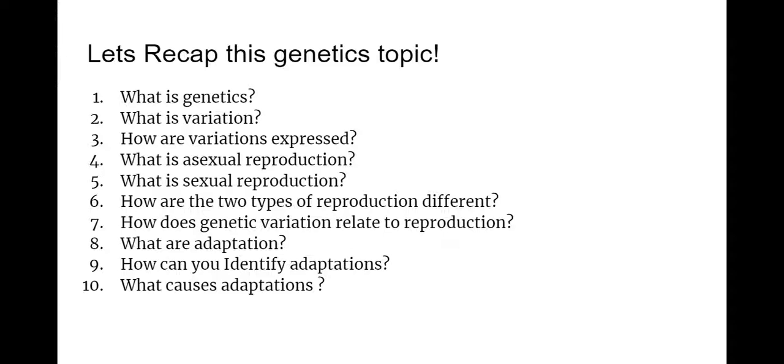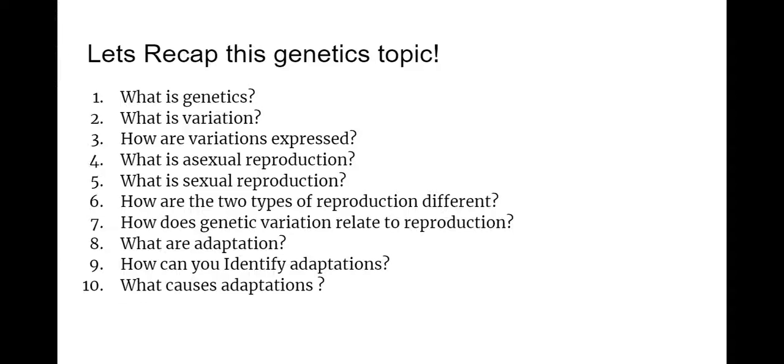How are the two types of reproduction different? Well, clearly, one needs one parent, and the other needs two parents. One can reproduce by itself, the other one cannot. It must have both male and female sex cells that meet.